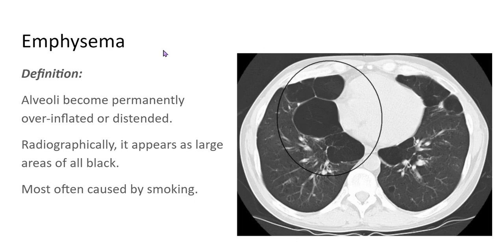In severe cases of emphysema, you will be able to see that on a chest x-ray because the patient will have depressed or flattened hemidiaphragms. And let's think about that for a second. Here is an axial slice taken during a CT scan, and you see these dilated or distended pockets of gas in the lungs.